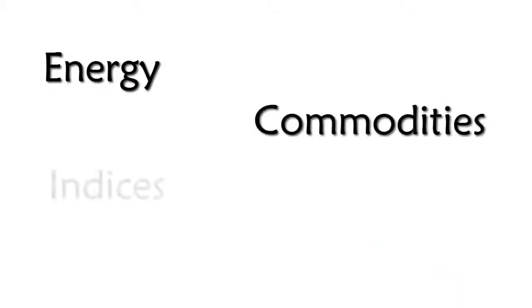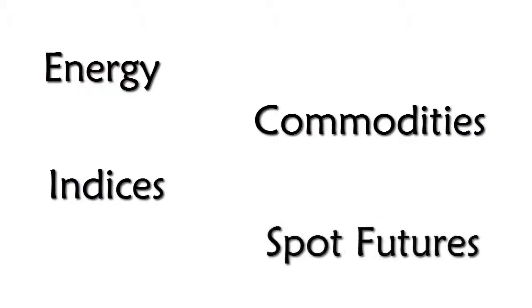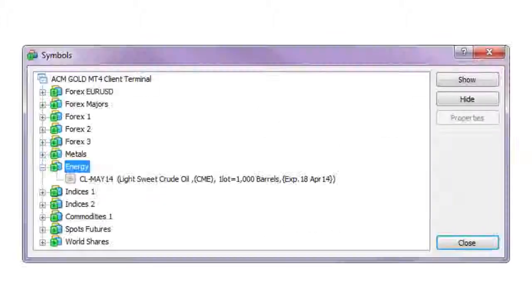You might notice that energy, commodities, indices, and spot futures have a date next to them. That is because these contracts expire. The light sweet crude oil contract expires on the 18th of April 2014. This means you need to close your open trade before this stated date.